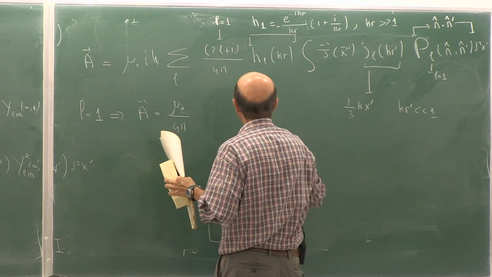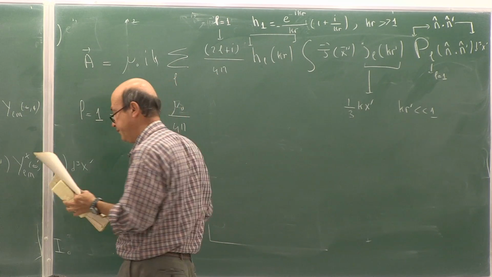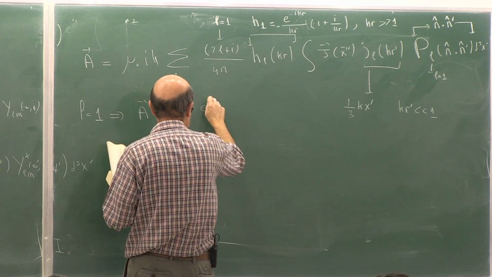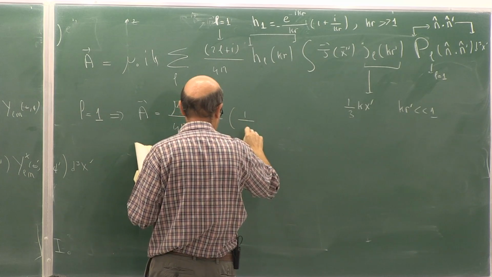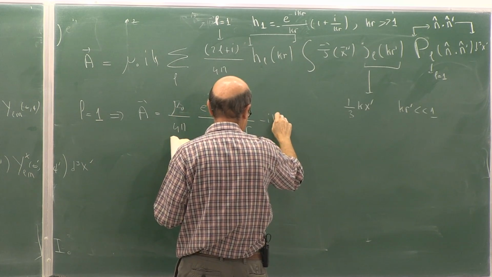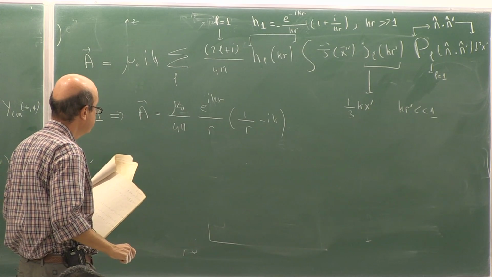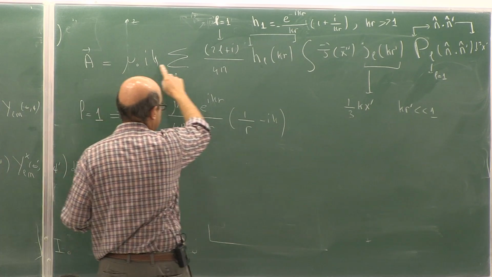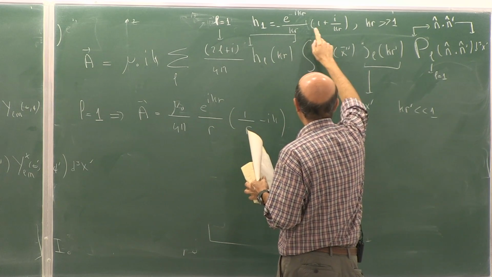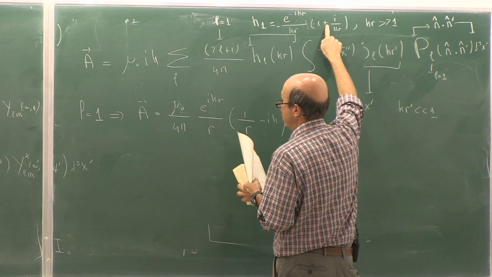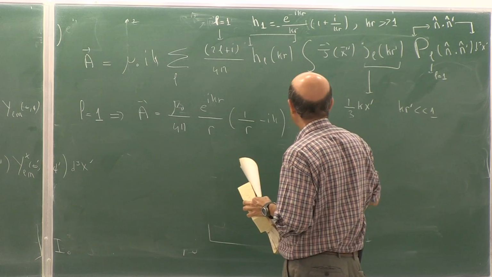The overall is negative, okay? E to the ikr over r, that is a spherical wave term. So that will be e to the ikr over r, 1 over r minus ik. This should be the coefficient part. You have i, you will distribute inside, that one term will be minus, and this will be minus, and the other will be the i.